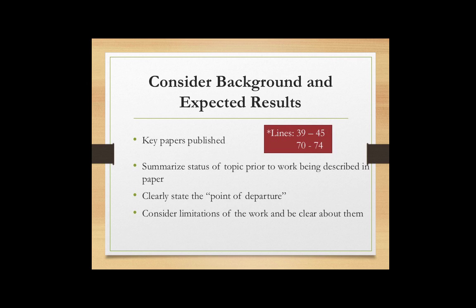So the current literature is stating and has studied this topic in these areas. Your paper and your topic will depart from that literature or from other studies in this way. Also, consider limitations of the work and be very clear about them in this section. On the next slide, please look through the lines from the paper that are given as an example, and then we'll see you in the following slide.